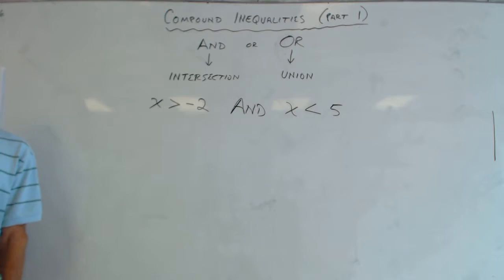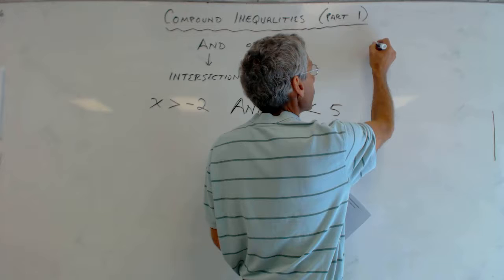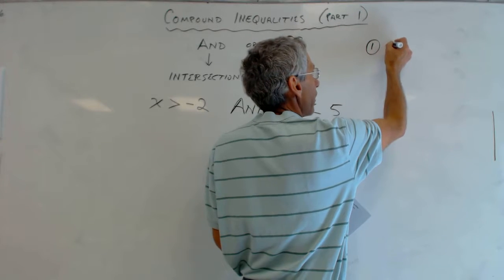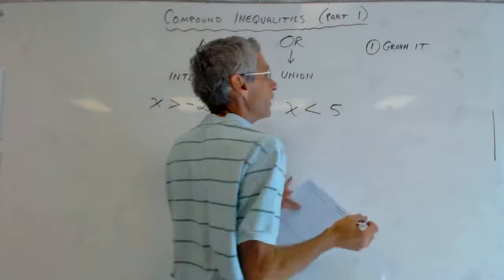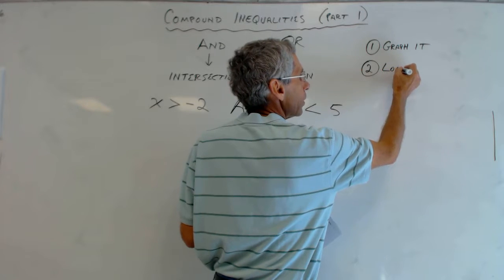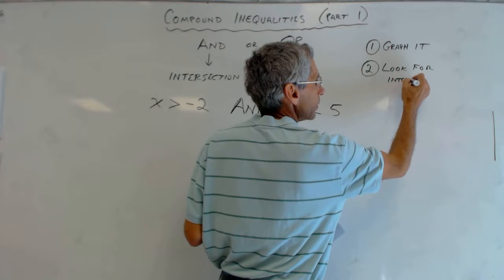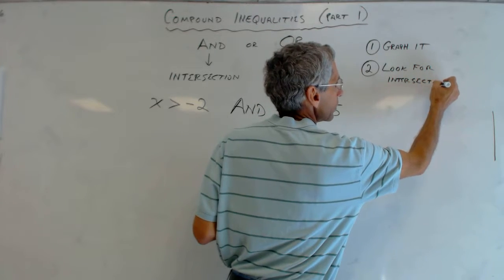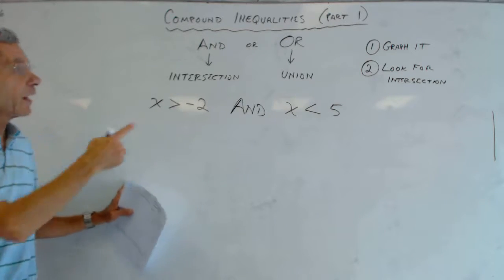Now, I'm going to try to graph that. The steps you're going to follow are: number one, graph it. You want to put it on the graph. Number two, look for the intersection, in this case, because we're talking about "and," and "and" is intersection.